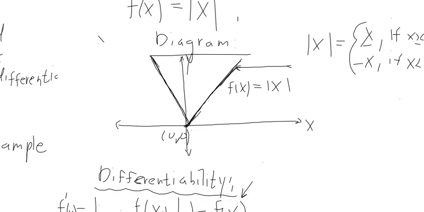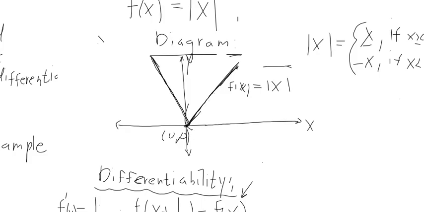Since I'm hitting the right part of the graph, I'm only hitting f of x equals x. That is how I determine which part of the piecewise function I'm using: f of x equals x or f of x equals negative x. In this case, f of x equals x because that's the right-hand part of the graph.